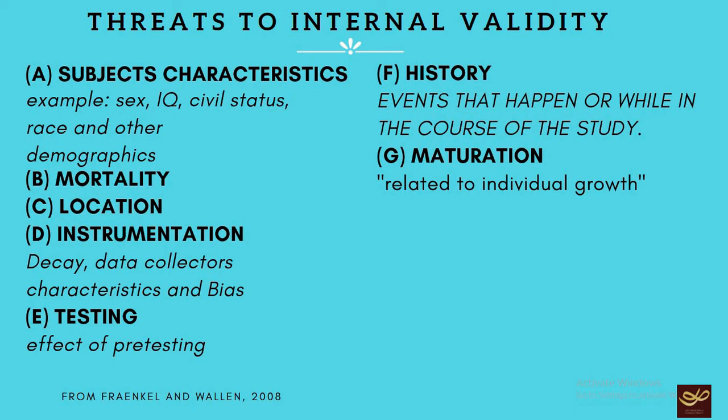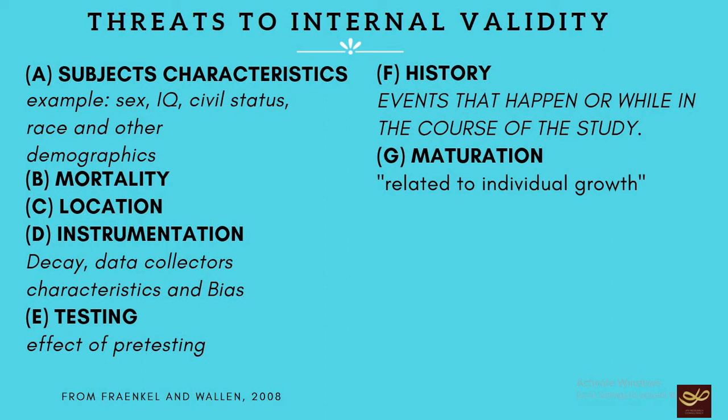If your study has something to do with improving students' mathematical skills, maybe the student just simply matured, and the outcome was not attributed to the experiment, but simply to the maturity of the student.